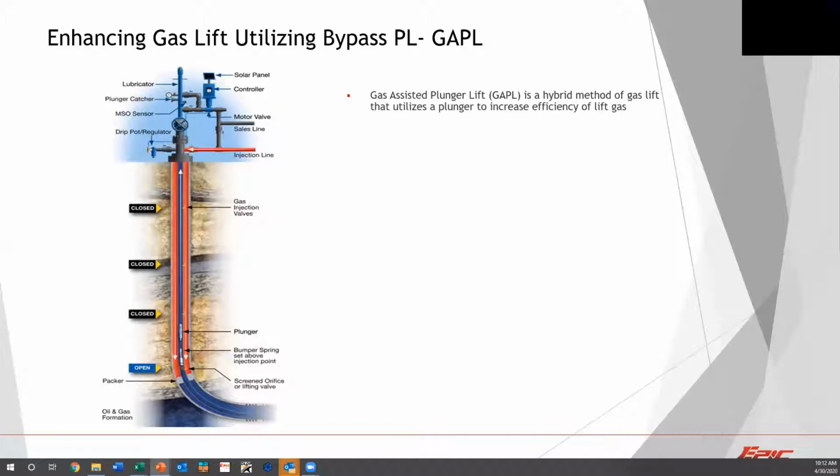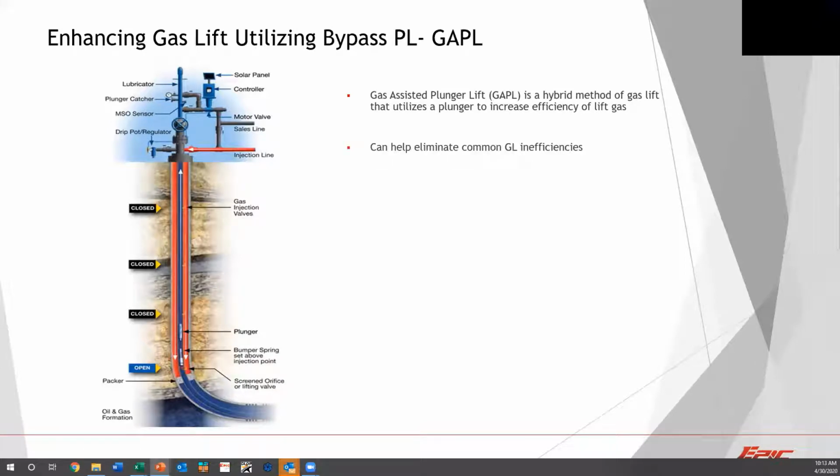The type of plunger that we're going to use is most normally a bypass or continuous flow plunger, but it is possible to run the system with a conventional type or a fast falling style of plunger, depending upon the application. If we're going to run a bypass plunger, it will be with continuous gas lift injection. If we're going to look at a conventional system or a fast falling type of plunger, it will be an intermittent gas lift system, as we will have to shut the well in to build up pressure to help overcome lower gas rates.